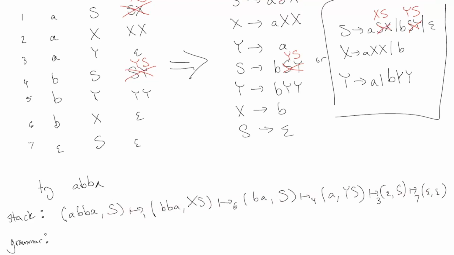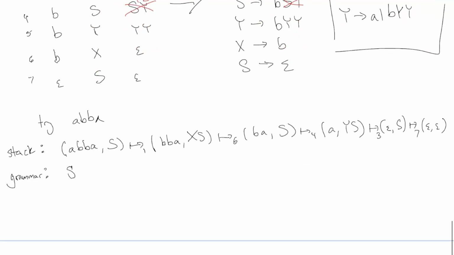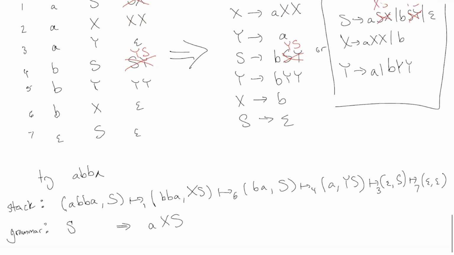So step 1 here was read A, pop S, push X, S. I'm just going to do the corresponding grammar step, which is S goes to AXS. So I begin with S, and then I say AXS. I'm trying to line these up right under each other with the corresponding steps, right? Next on the stack machine, I did 6, which is X goes to B. So I'll do that on the grammar.